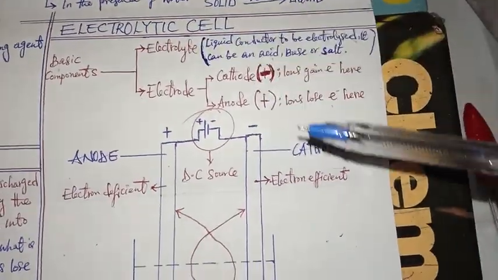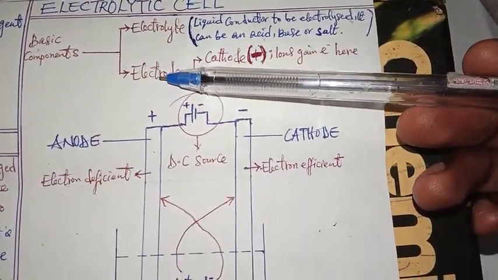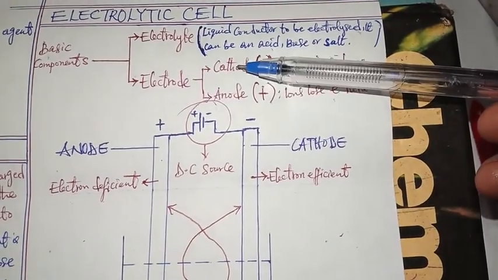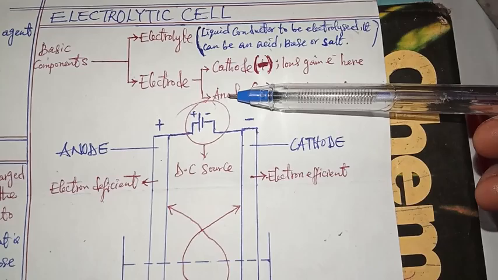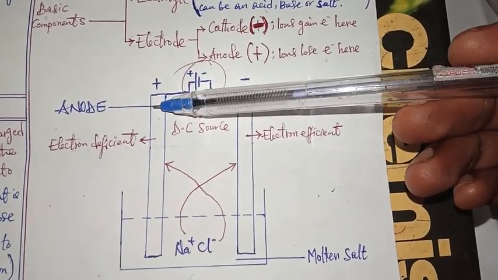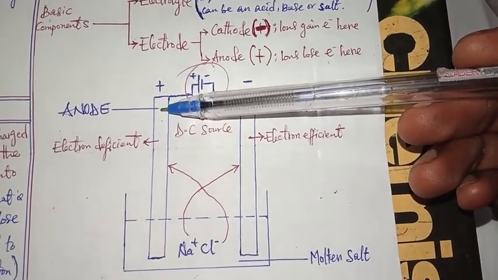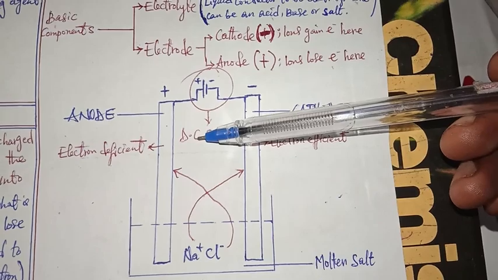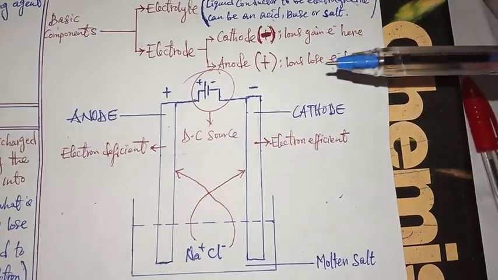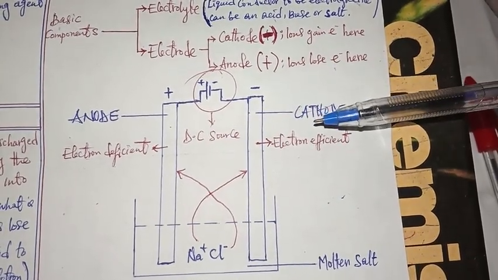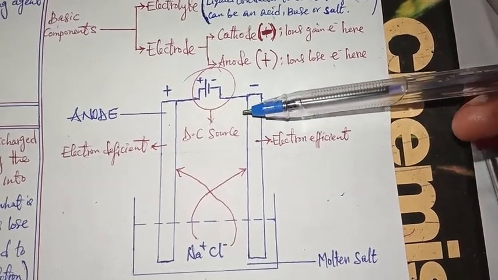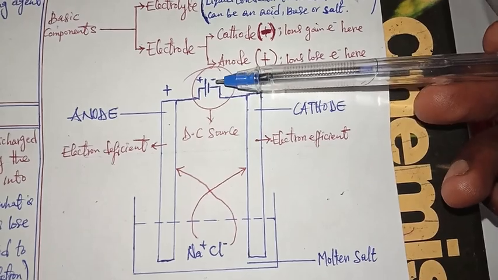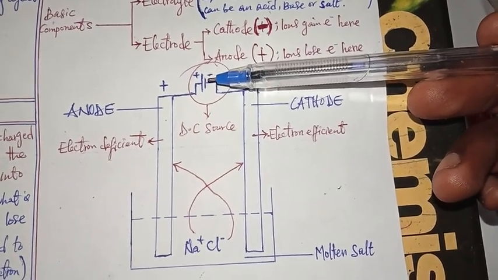Now we'll continue. Within the solid conductors, we have what we call the cathode and the anode. The anode is the electrode that is connected to the positive terminal of the current source, while the cathode is the electrode that is connected to the negative terminal of the current source.